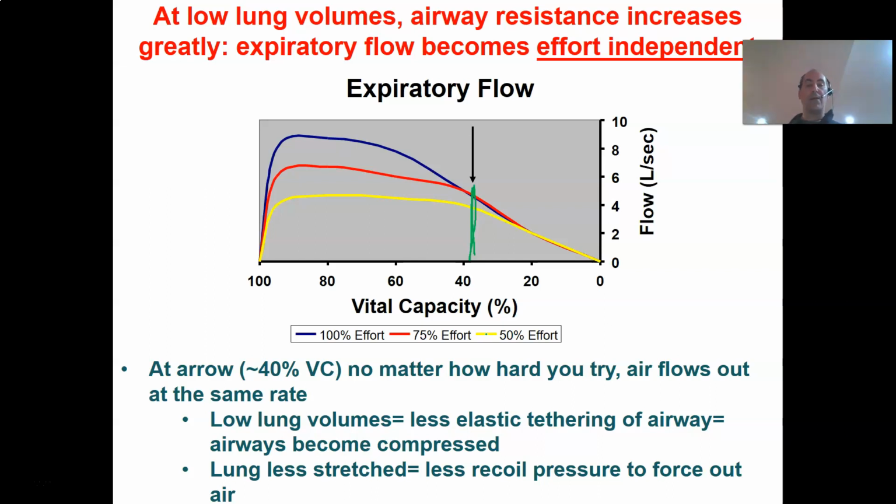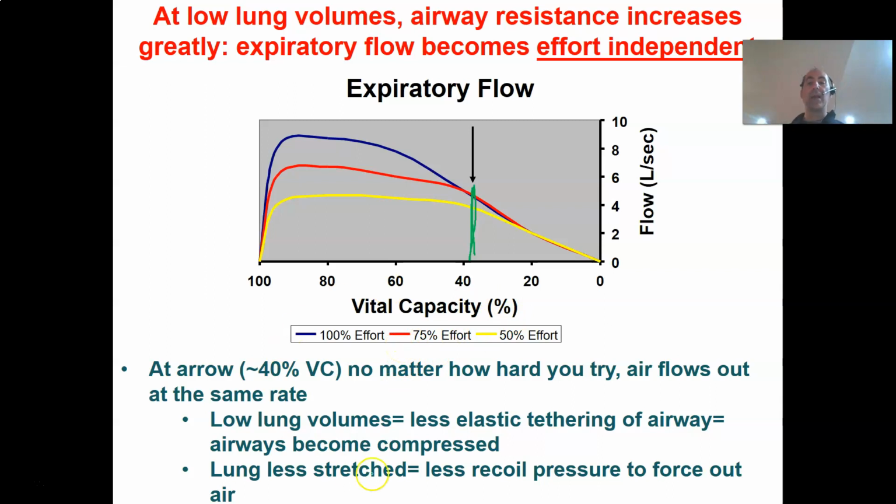Now, if we think about it, let's go back to what we've already learned. We know that the lungs want to collapse because they're a big old rubber band. And they want to collapse to 0% lung capacity. We also know that the chest wants to sit at 60% total lung capacity, right?